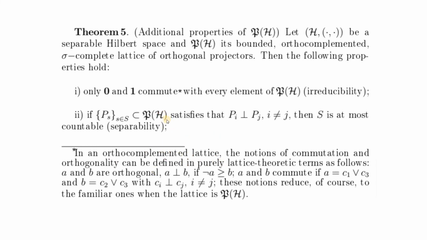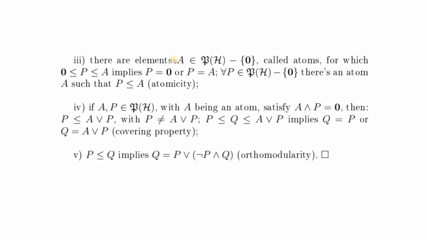So we can translate this property into lattice terms, and impose that property on an abstract lattice, even if we are actually checking it in the example of the lattice of orthogonal projectors. This one is called separability, and this one is called atomicity.